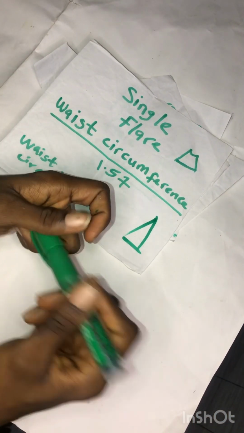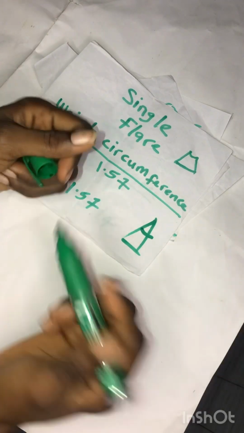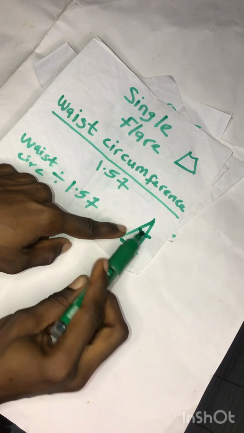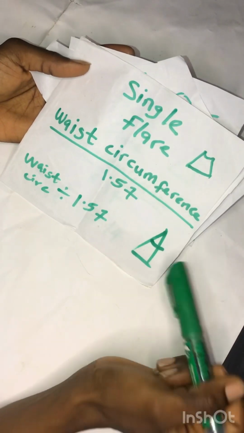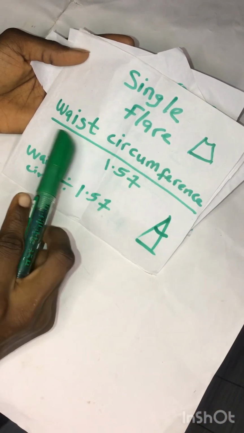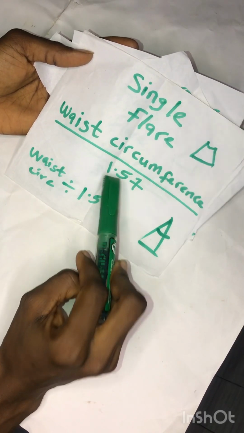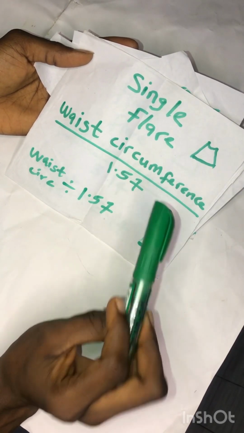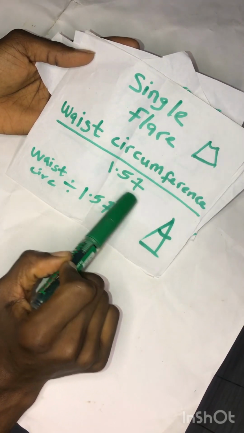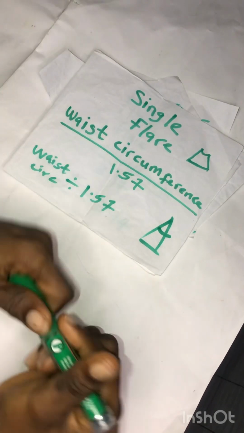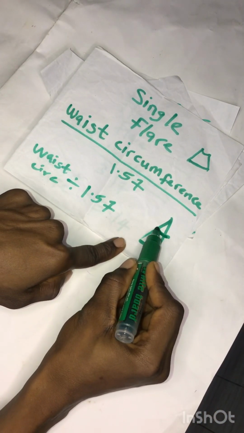After folding, you cut this place off with the waist circumference. So to calculate a single flare, we are going to use waist circumference divided by 1.57, and that is what you will measure when cutting this place round.